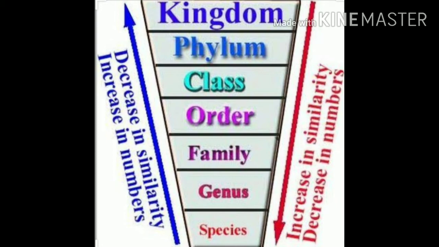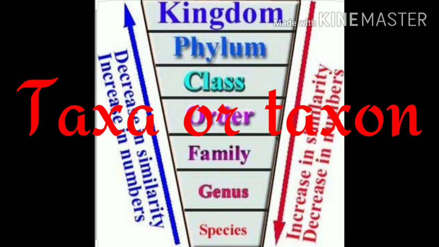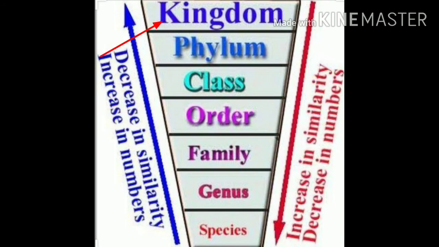Again from family, organisms with very common characteristics are placed in the genus. And when we come down to species, we'll have only one organism. So this is known as hierarchical system of arrangement of organisms. Each group is known as taxa or taxon. The highest taxa is the kingdom, and the smallest taxa is the species.